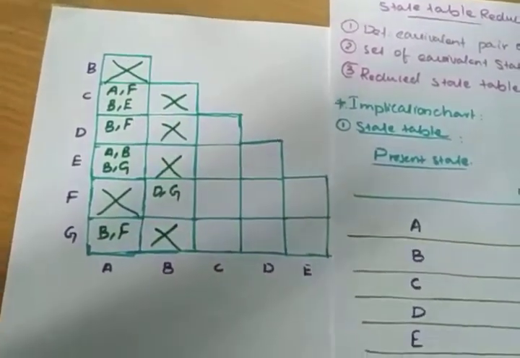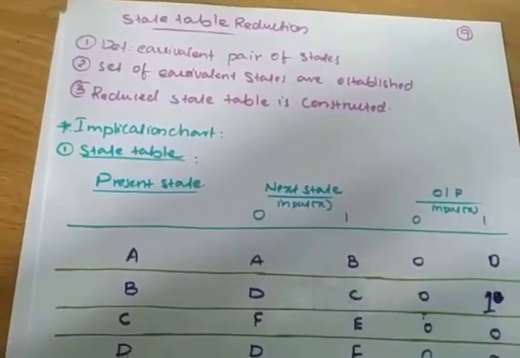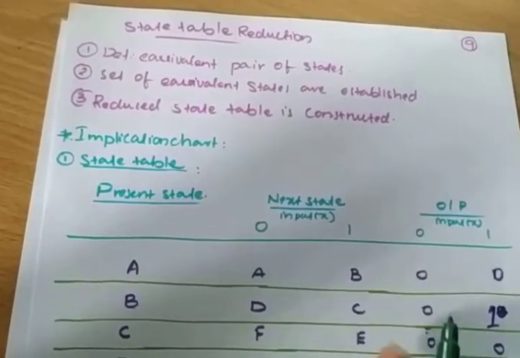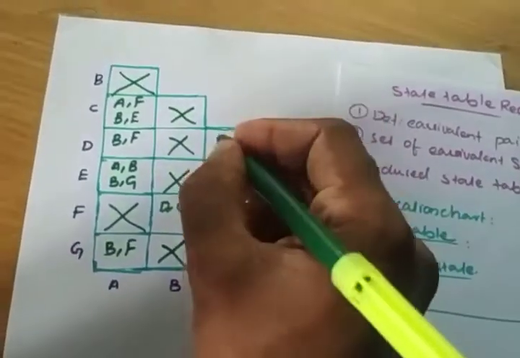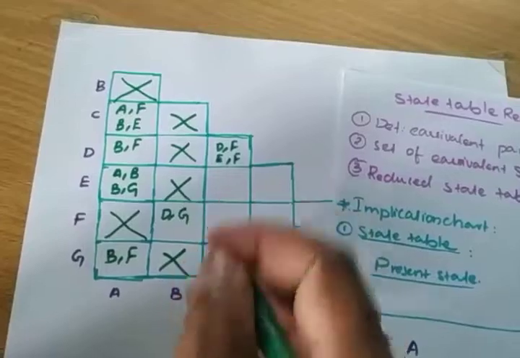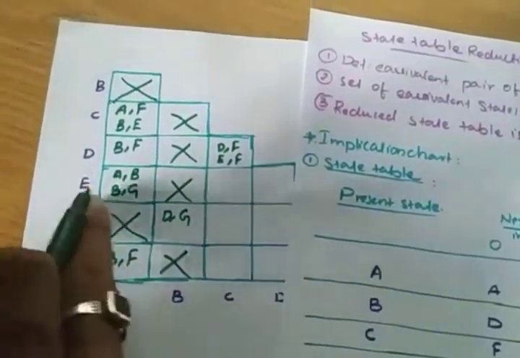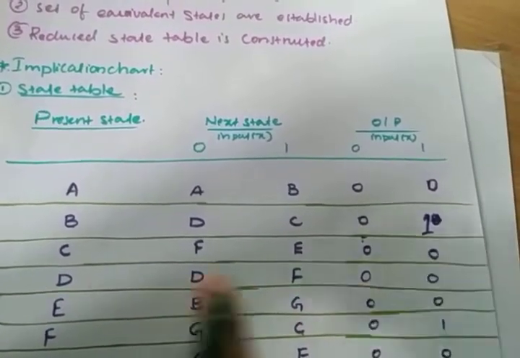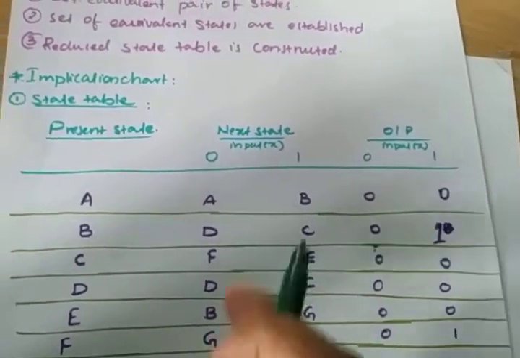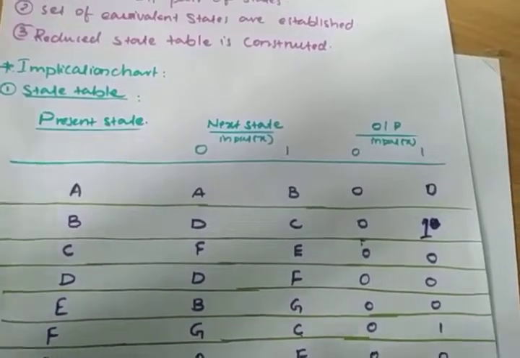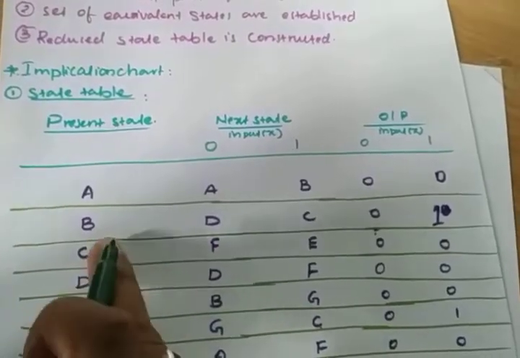Now complete the entry like this. Now check for CD. C is 0 0, D is 0 0. Now write the combinations D comma F and E comma F. Now for CE, C is 0 0, E is 0 0, same outputs.